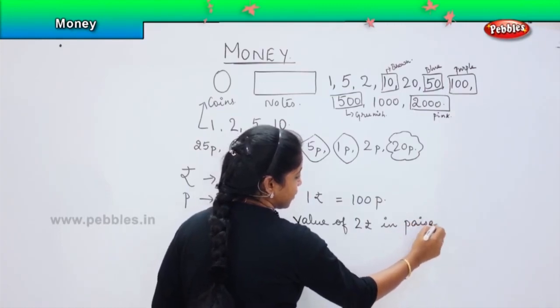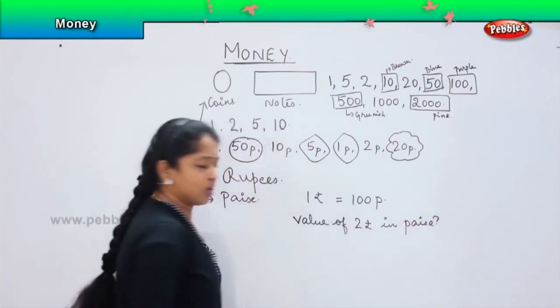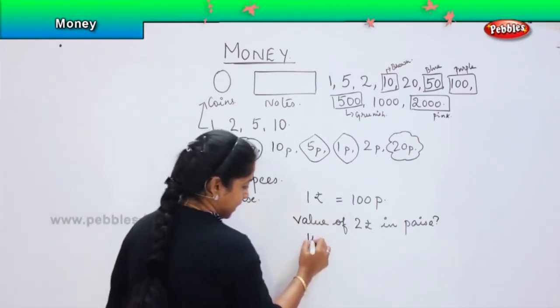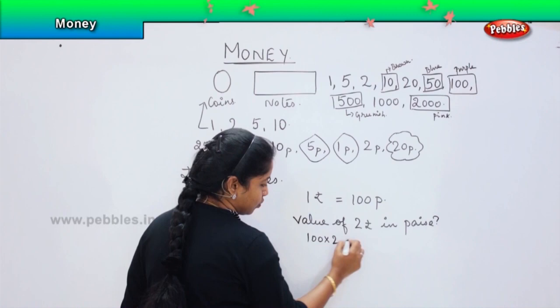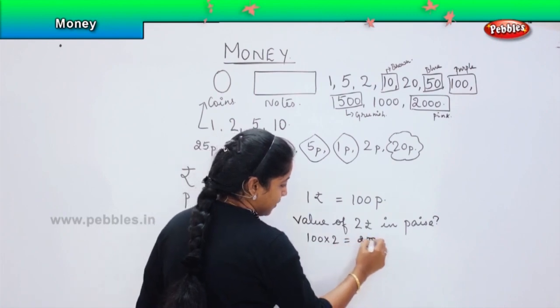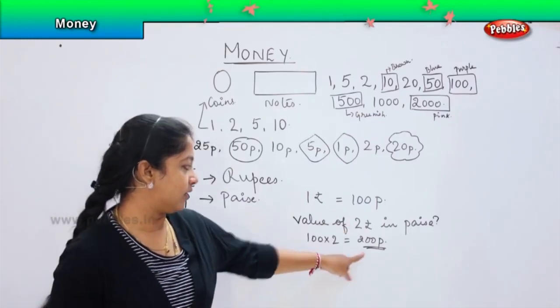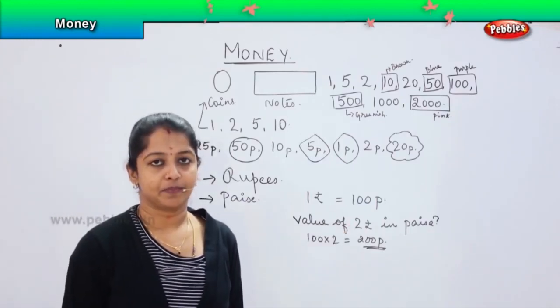So if you get a question like this, how are you going to solve it? You have to multiply 100 paise into 2, which means 200 paise. So the value of 2 rupee will be 200 paise.